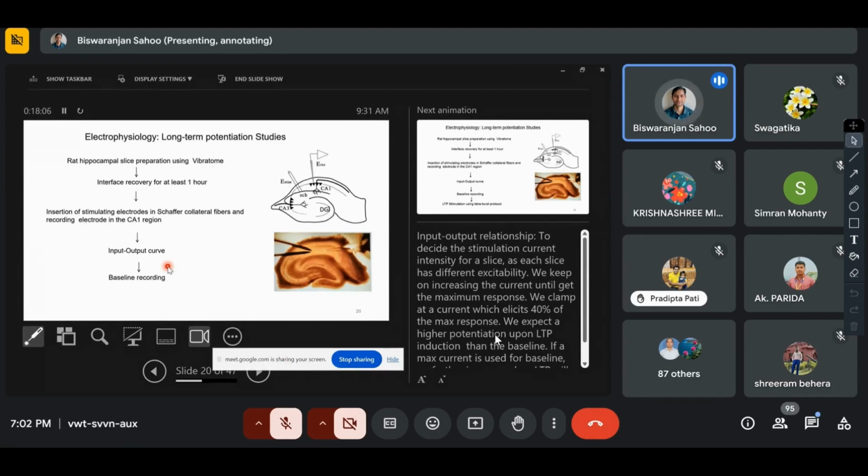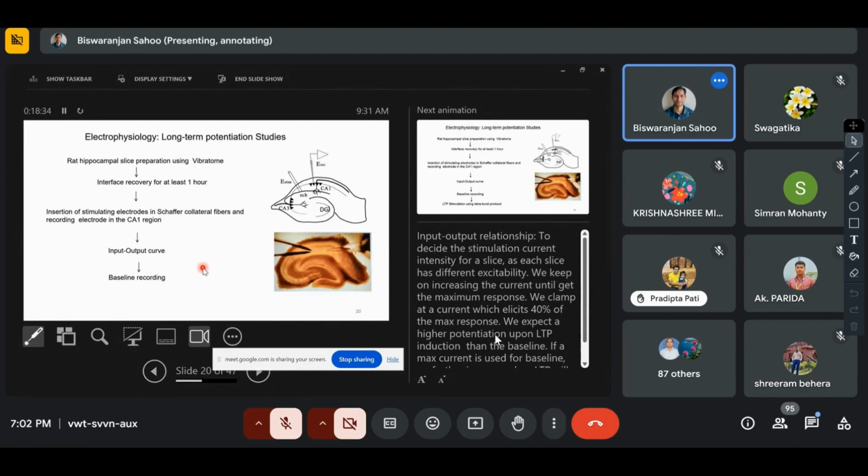Now what we are going to do: first take the slice, use different currents and stimulate this fiber pathway. Let's say there is a maximum response. We usually take 40% of the current of the maximum response. You will ask why 40%, why not full?